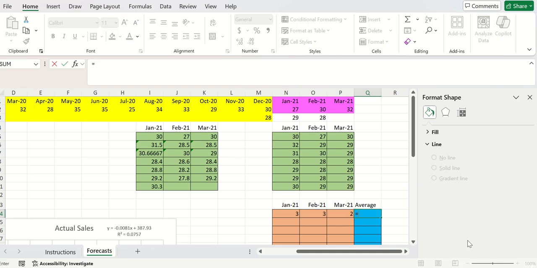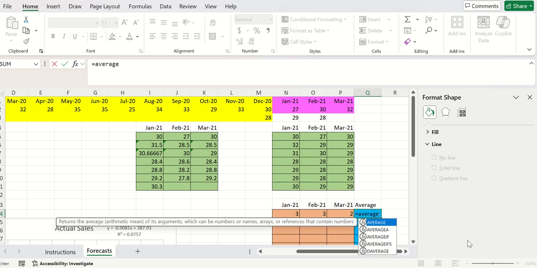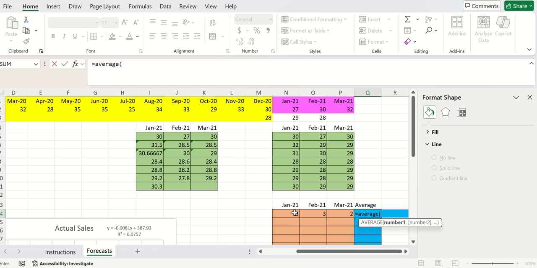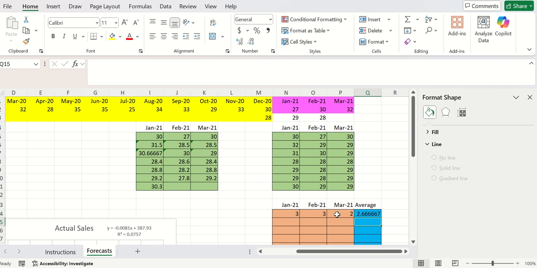And then I'm going to do my average, equals the average of these. So the average amount that I was wrong using the 1 month moving average was I was off by about 2.7 items each time. Okay.